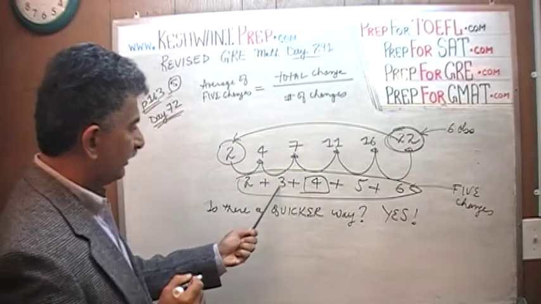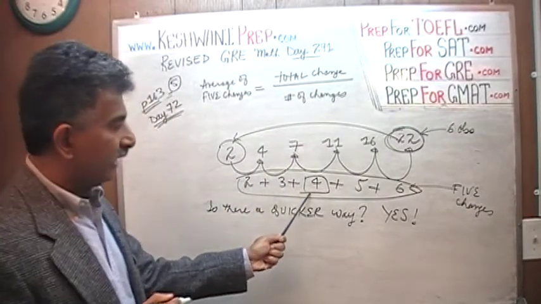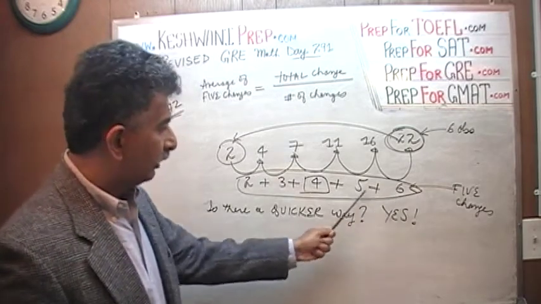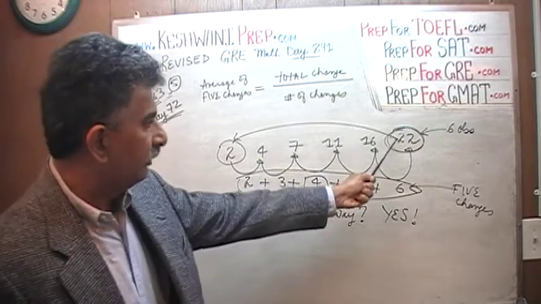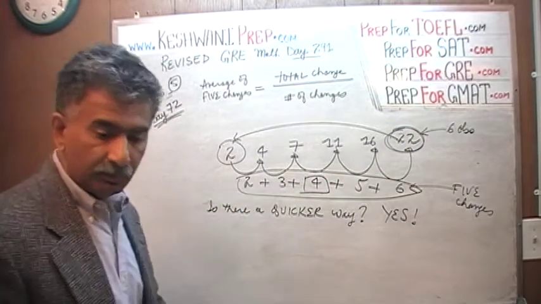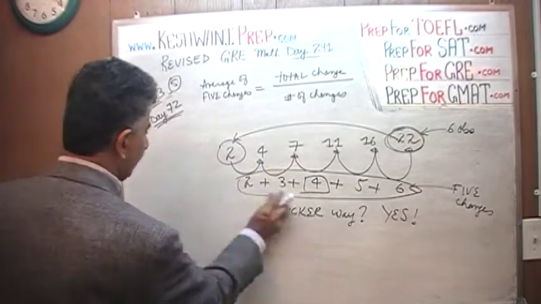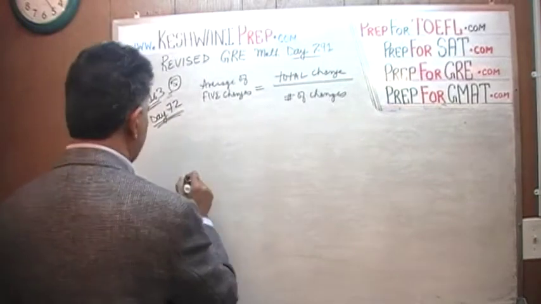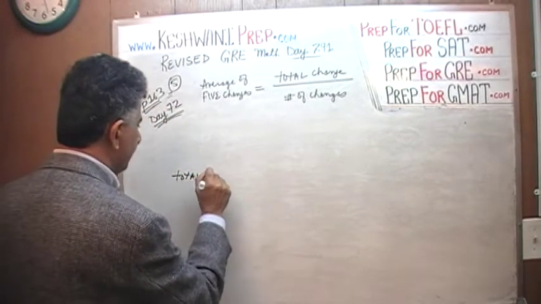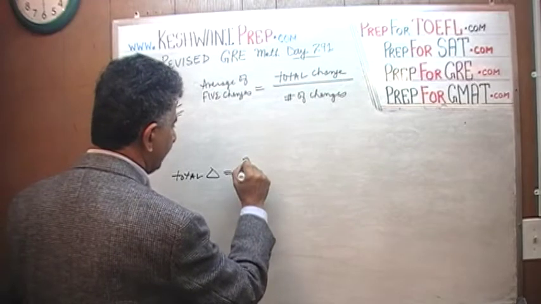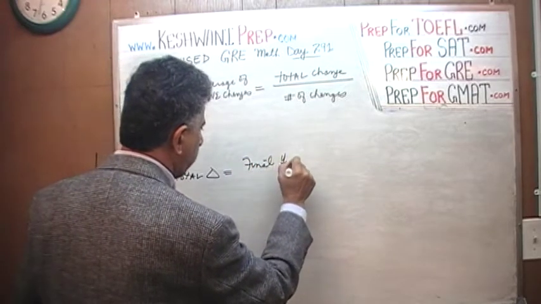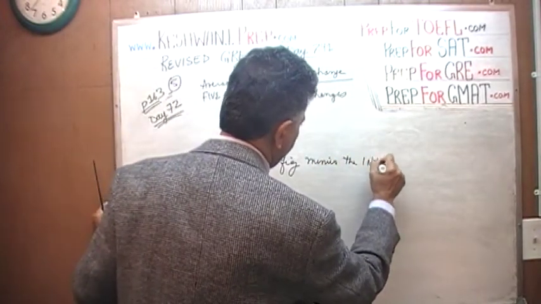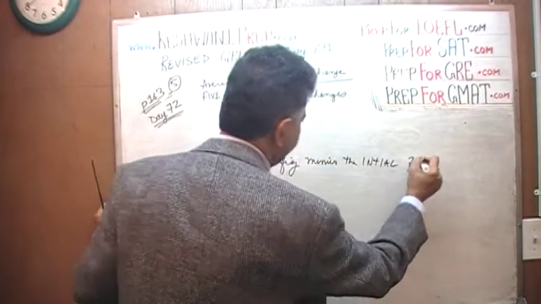If you add them up, 2 plus 3 is 5, 5 plus 4 is 9, 9 plus 5 is 14, 14 plus 6 is 20. Total change is 20, which is the same as 22 minus 2. Therefore, the total change is simply the final figure minus the initial figure.